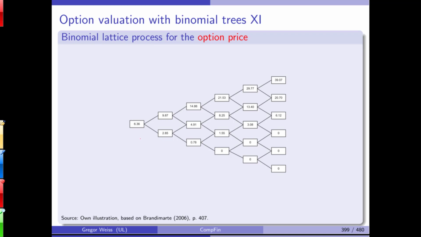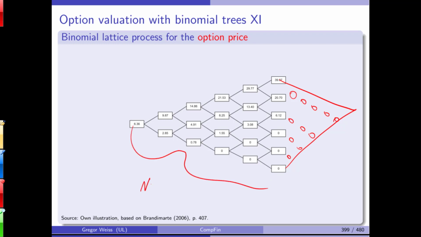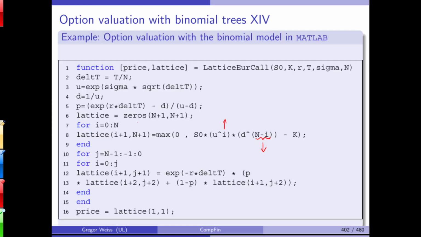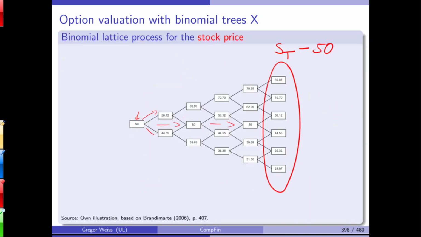So this actually looks like a triangular matrix of size n plus 1 by n plus 1. You can also switch it, but this is what we do here. So lattice is a matrix. We start with n plus 1 times n plus 1 entries, and it's initialized with zeros.